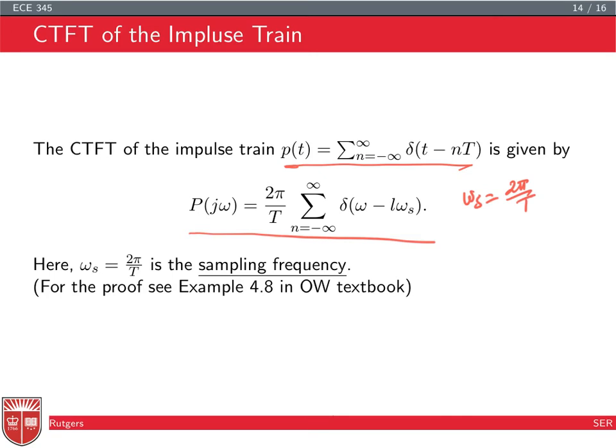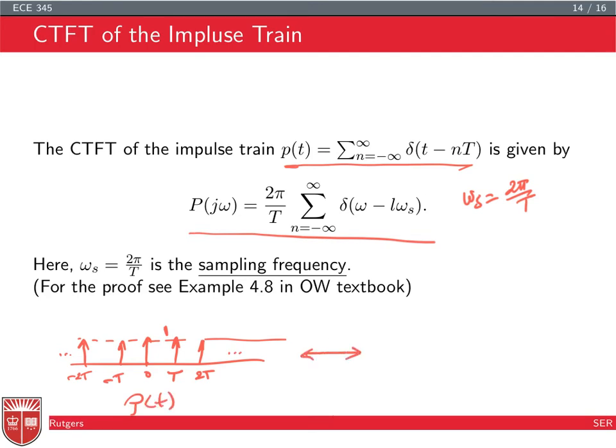So you start from p of t being this. This is 1, and you're sampling every T. So this is p of t, the impulse train in the time domain.